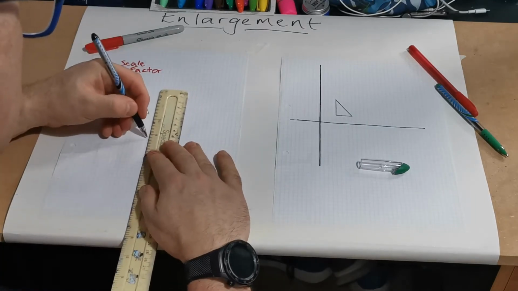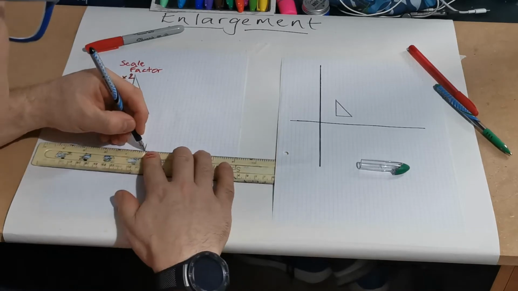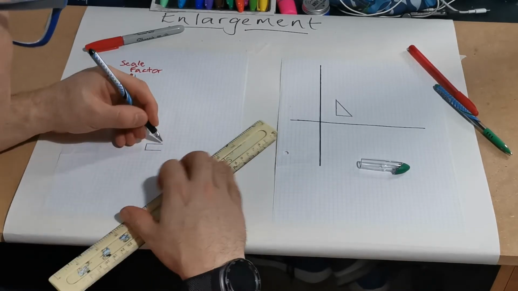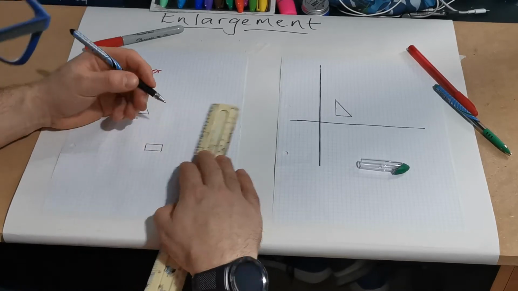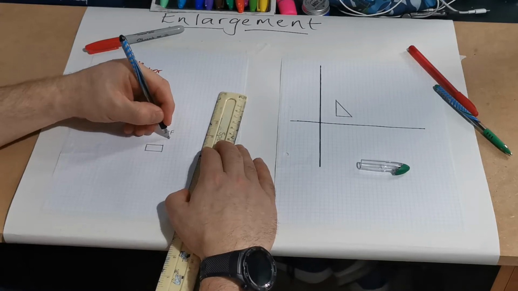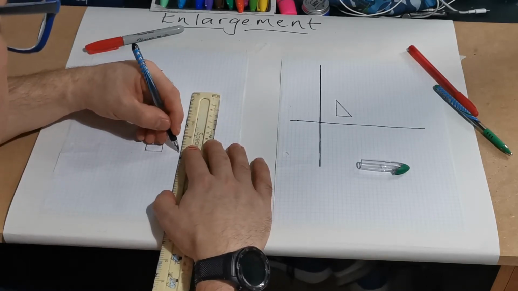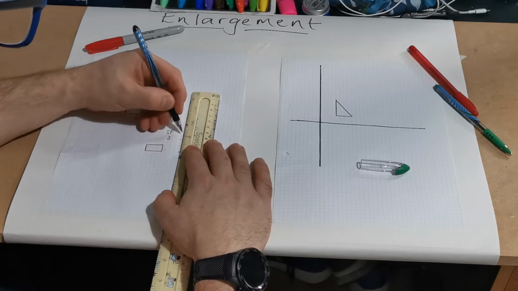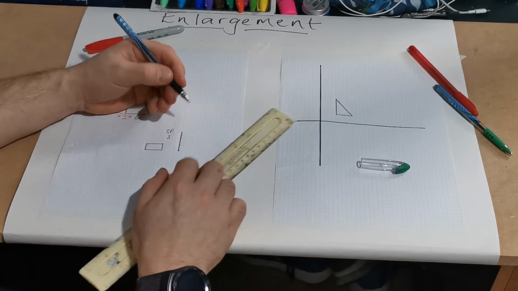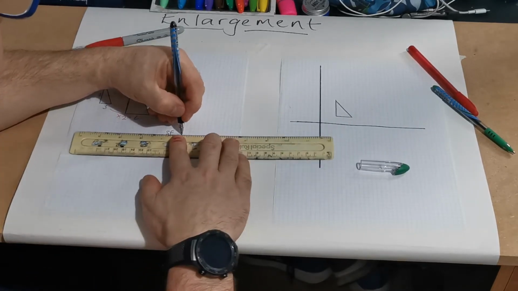If I was to draw a little rectangle here, and then I'm going to make a rectangle 3 times bigger, so a scale factor of 3. So where this is 2, I'm now going to make it 6, and where this is 4, I'm now going to make that 12.